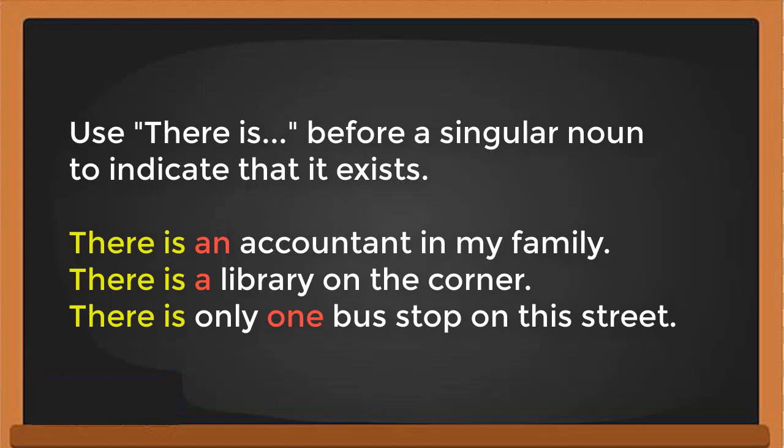There is a library on the corner. There is only 1 bus stop on this street. See? There is. You can use there is only 1 bus stop. Use the number. Okay?